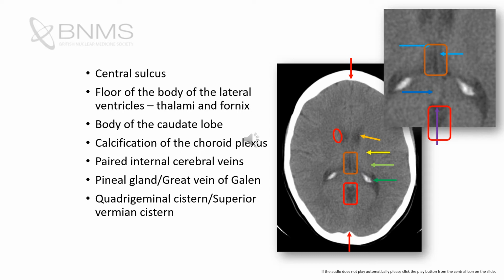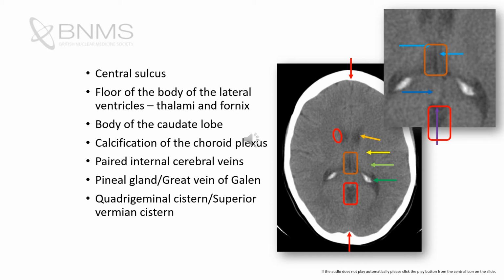The paired central veins join together to form the great vein of Galen, as we can see the position with the dark blue arrow. This is going to pass over the superior aspect of the superior vermian system to drain into the inferior aspect of the sagittal sinus.